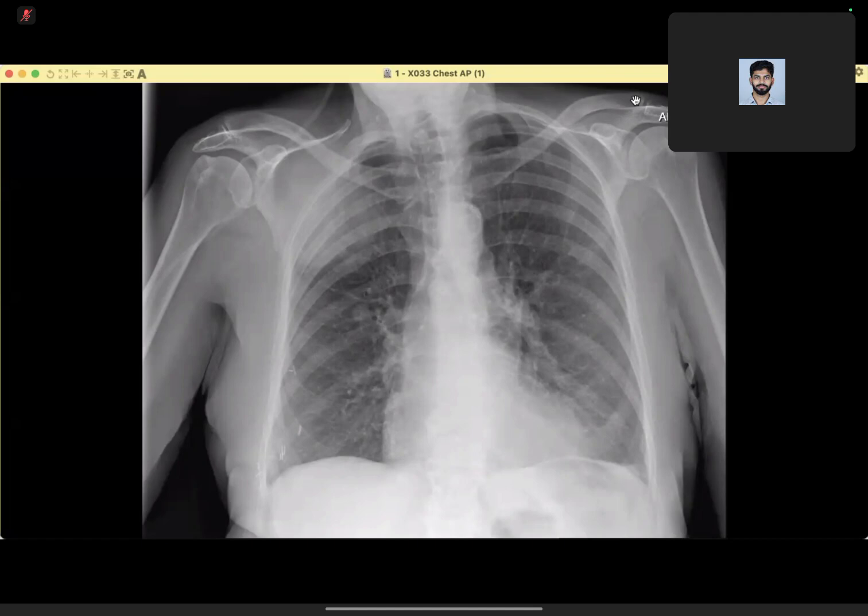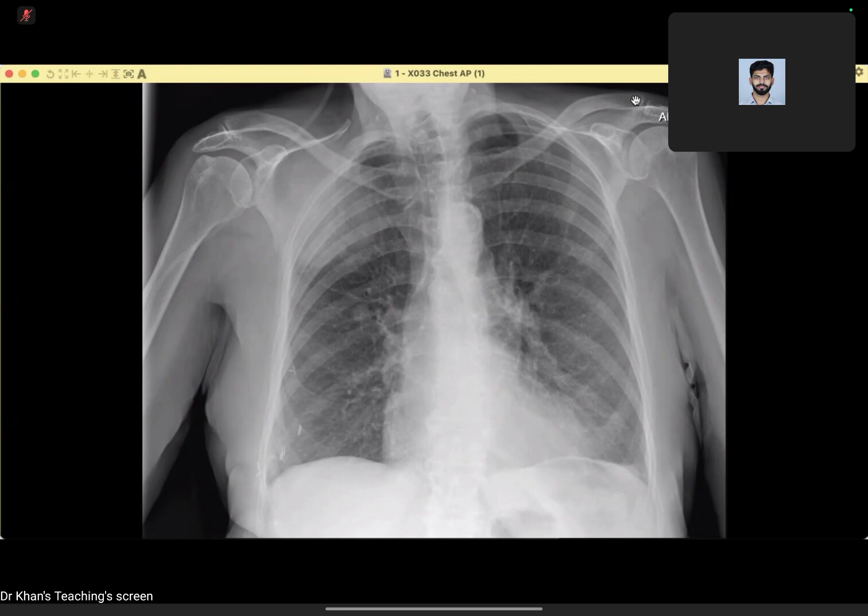Breast shadow I can't appreciate on either side. Rest of the bones show no obvious focal lesion. So there is an ill-defined radiopaque lesion, broad based to the chest wall on the right upper portion, with associated mild sclerosis of the overlying ribs.